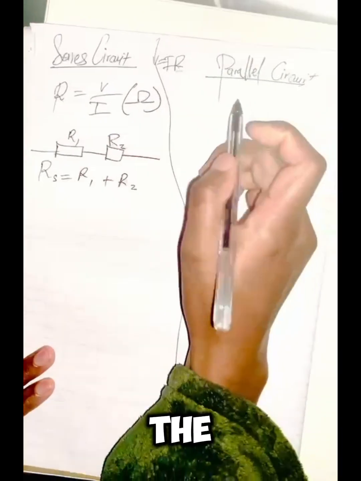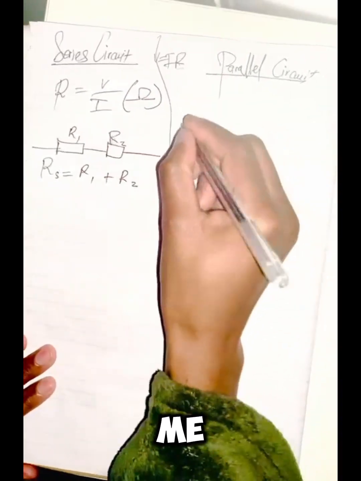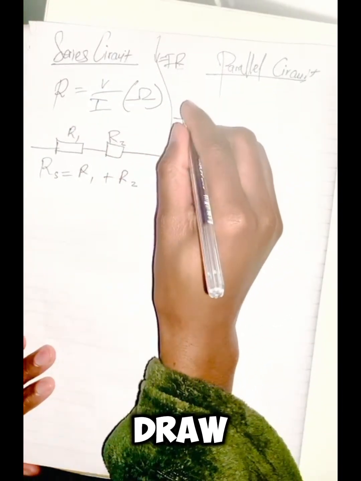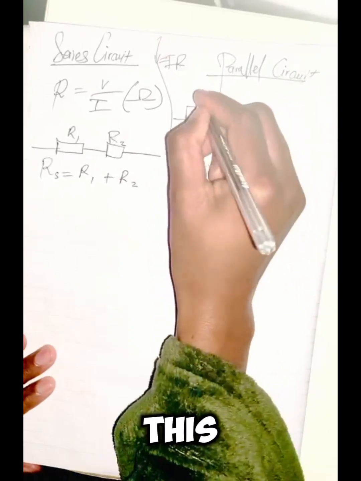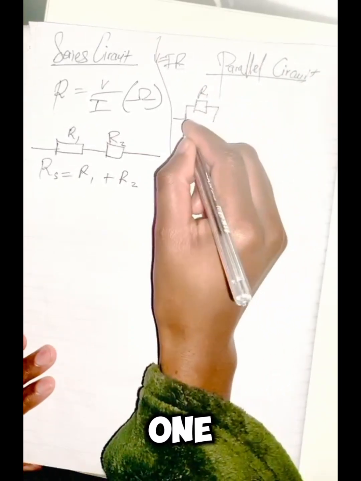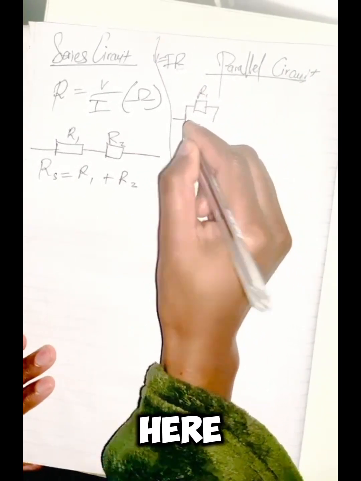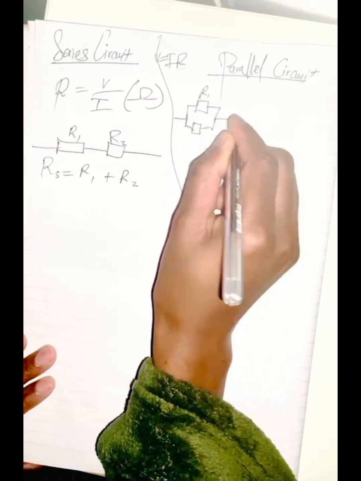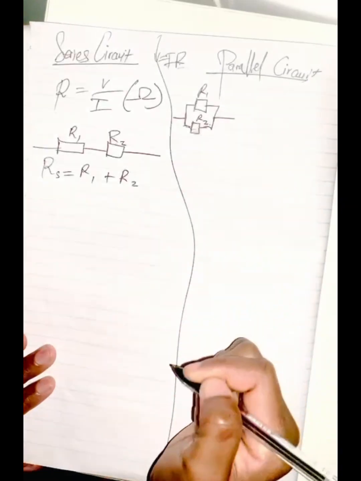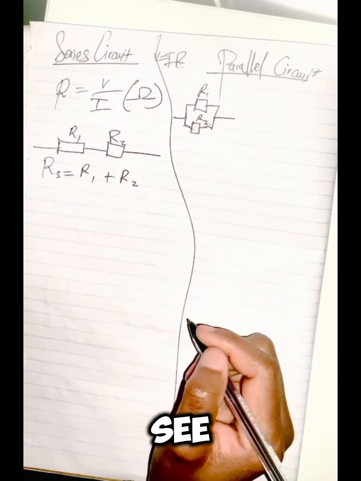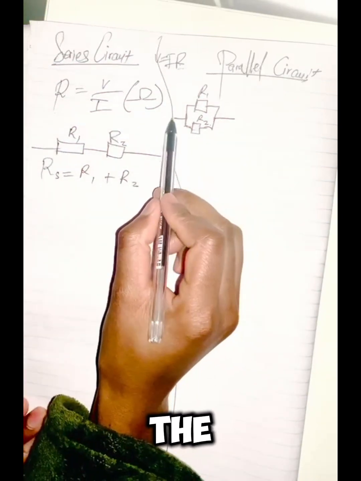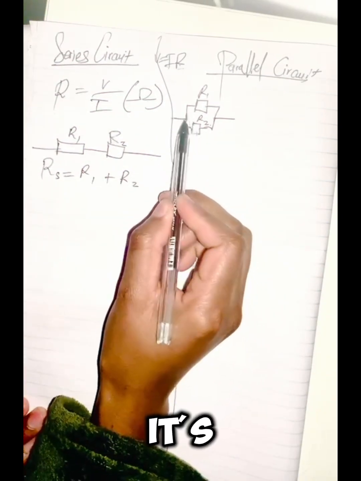But then in the parallel circuit, let me quickly draw. We have R1 here, and R2 here, and we say it is a parallel circuit because when current flows through here, it is going to split.